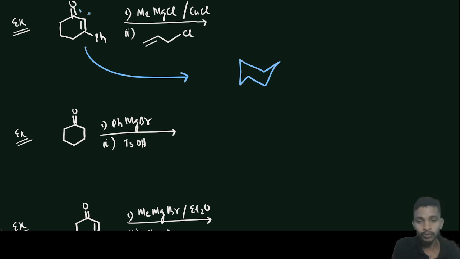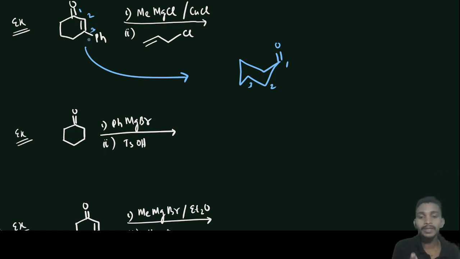After that we do the numbering 1, 2, 3 to make it easier. Here at 1 we have this carbonyl group, and this is 2 and 3. So at 3 we have the phenyl group. If a phenyl group or any bulky group is there, whether in norbornane systems or in the chair form, we always place bulky groups in the equatorial position if the stereochemistry is not mentioned.